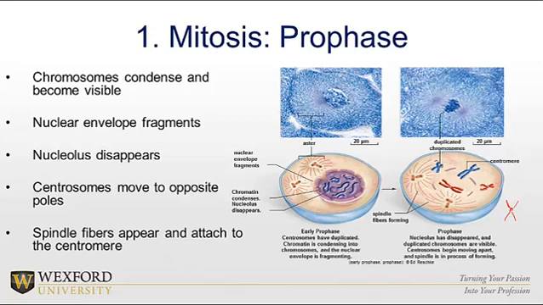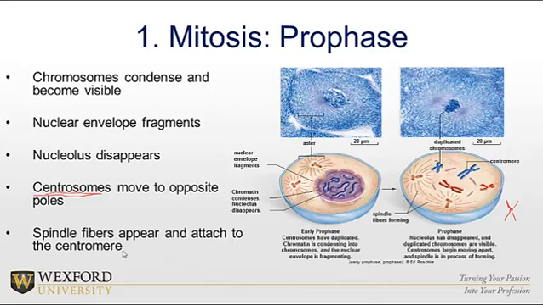And here's the important part here. The centrosomes, remember those we just talked about, are going to start to move to the opposite poles. So look at how we're moving to opposite ends over here. And you can actually really see it well over here. We can see those centrosomes on opposite sides with the duplicated chromosomes starting to line up in the middle.